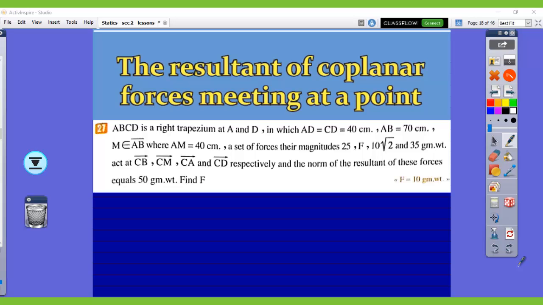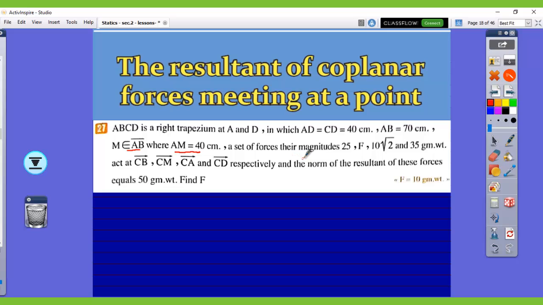The resultant of coplanar forces meeting at a point. ABCD is a right trapezium at A and D, in which AD equals CD equals 40 centimeters, AB equals 70 centimeters, M belongs to line segment AB, where AM equals 40 centimeters.